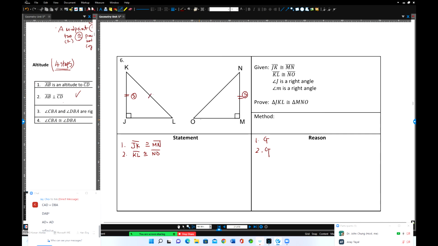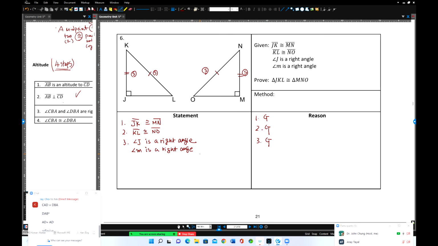KL, the other NO, proved already. Now angle J is a right angle, and the angle M in the same column is a right angle. That's also given. Now we gotta prove triangles JKL and MNO congruent.